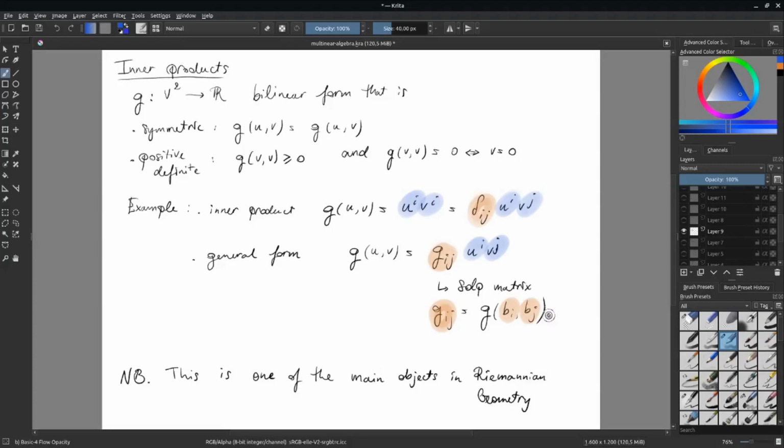And so this is actually the main reason why people care about multilinear algebra in the first place, because it's a necessary language to describe Riemannian geometry, but in a more complicated way, because you usually do not have just one, but you have one per point of your manifold. So that's the main reason people care about multilinear algebra, and it comes up all over the place in physics.